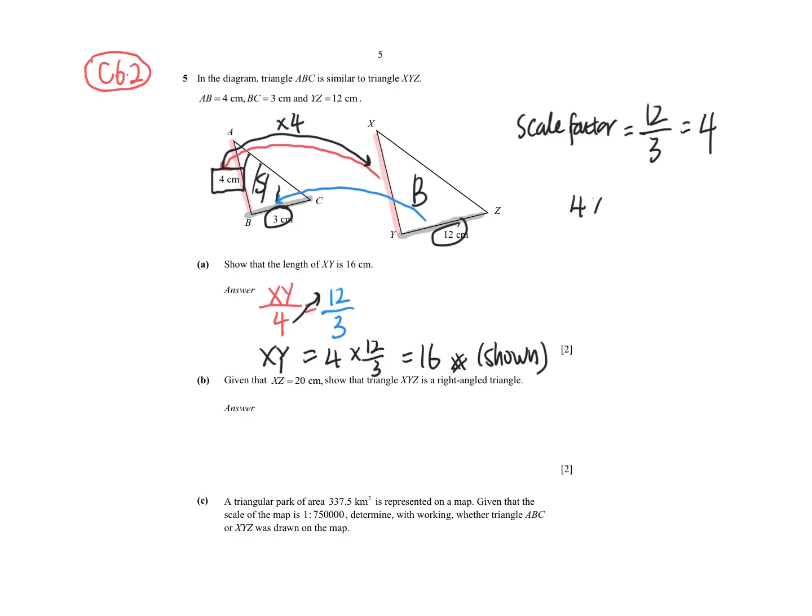Then you tell me it's 4 times 4, which is 16. Also correct. 1 mark for the scale factor, 1 mark for the answer. So scale factor is always bigger than 1 if you are going through enlargement. But if you go through reduction, then it is less than 1. It will be 3 out of 12, which is 1/4.